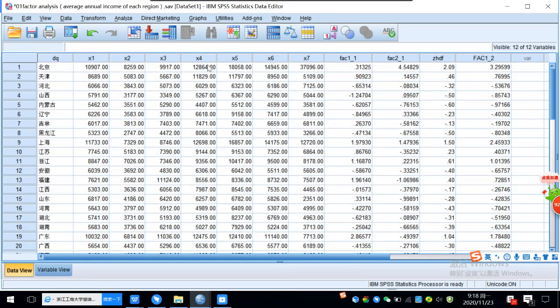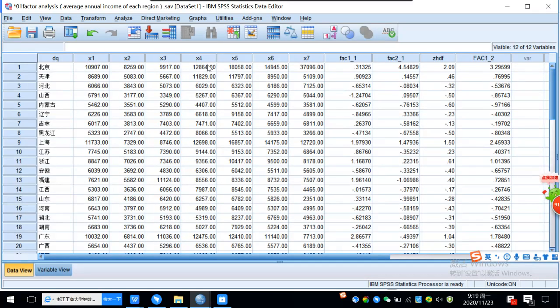Second step, how many factors can be extracted. Step 3, we will name the factors. Step 4, we will calculate the factors and compare different areas. Which area is the highest and which area is the lowest?